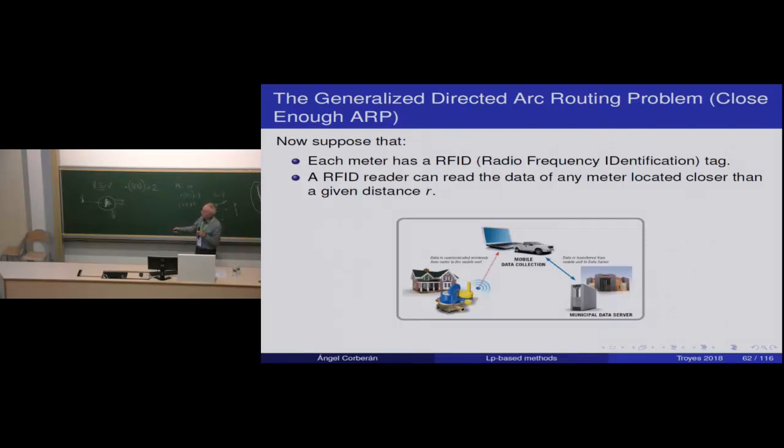So the meter sends the measure that can be taken by a vehicle with a device if the vehicle is passing by inside a given distance of the meter.